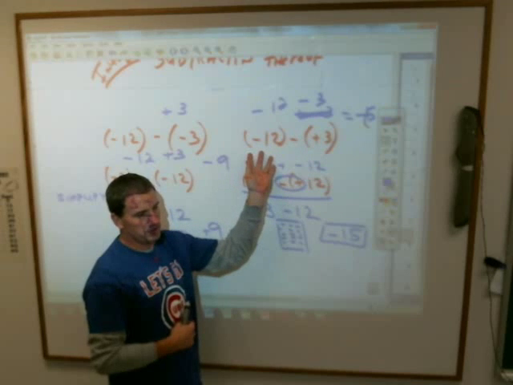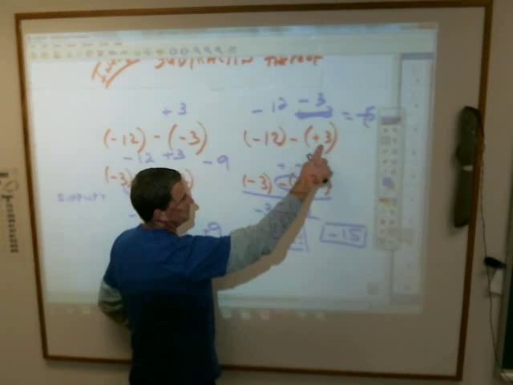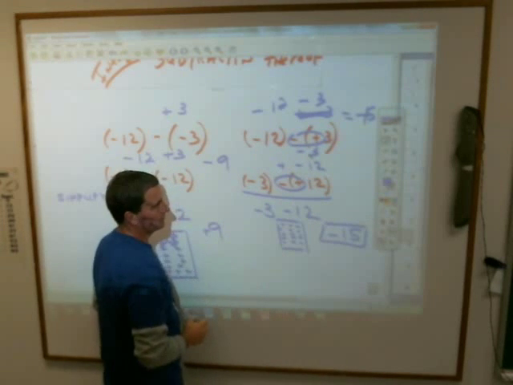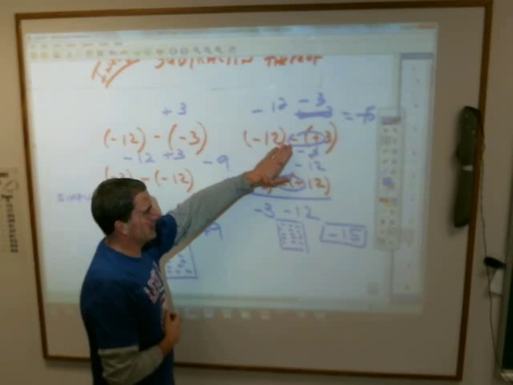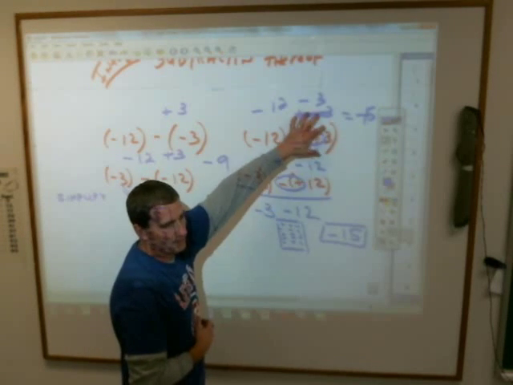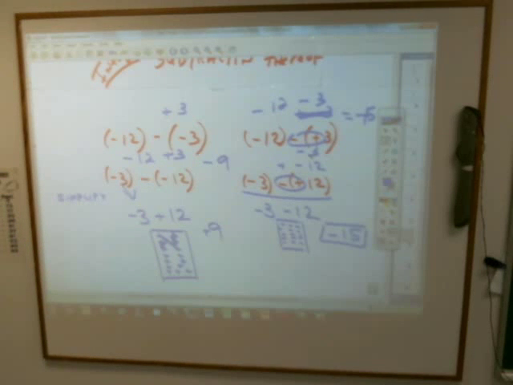Well, no, you are subtracting 3 more. This and this give you a minus. There's no such thing as subtracting, there's just adding negatives. So it's a -12 plus another -3, that's a -15. I can tell you got that.